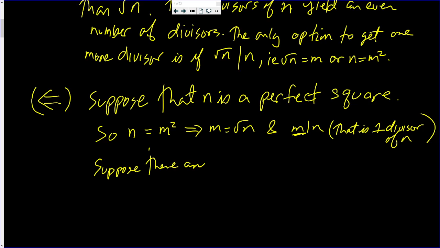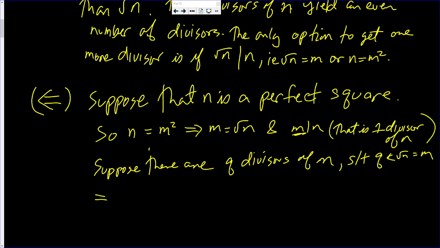Now, suppose there are q divisors of n such that q is less than the square root of n. That is, less than m. That implies that there exists q divisors of n.